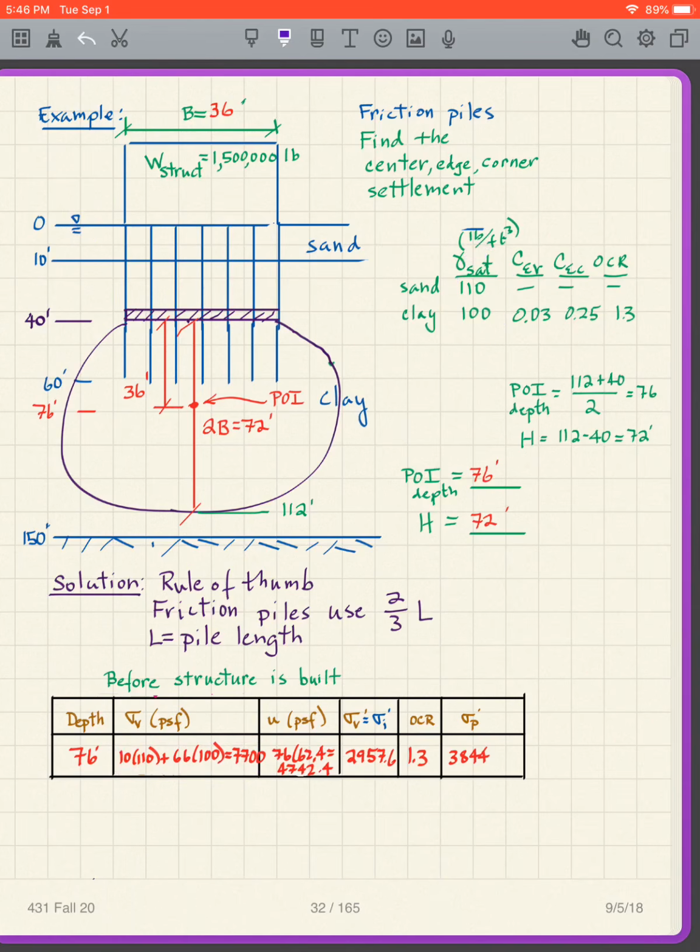And that gives us our sigma V. Our U is 76 times 62.4. And I subtract one from the other. I get that for my sigma V prime, which is our sigma prime I when we do our settlement analysis. The OCR is 1.3. I multiply 1.3 times our sigma prime I. We get 3844.